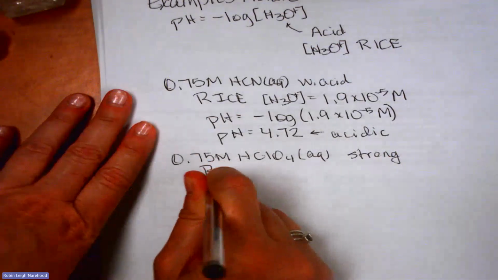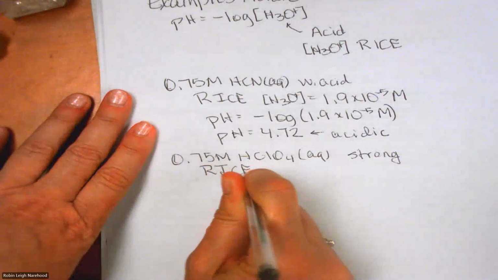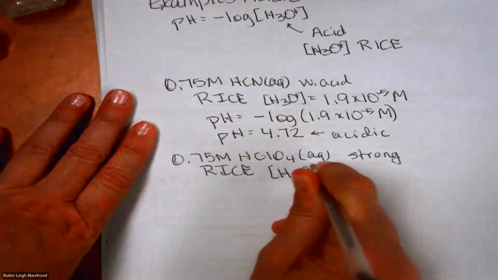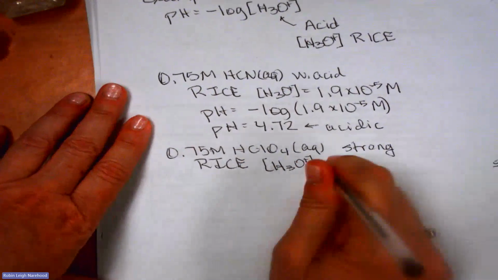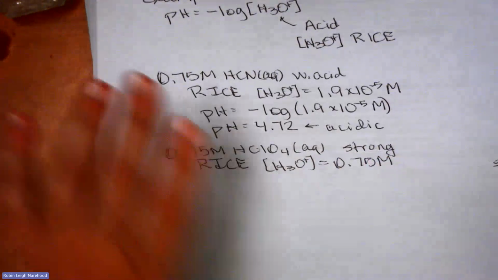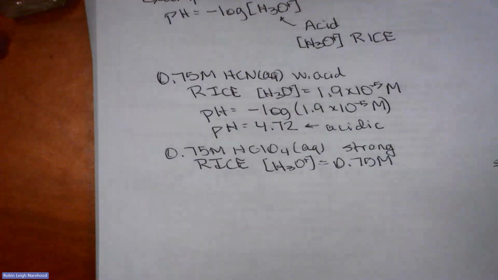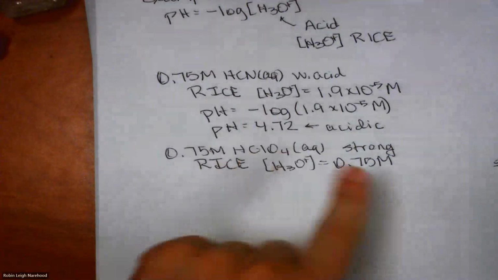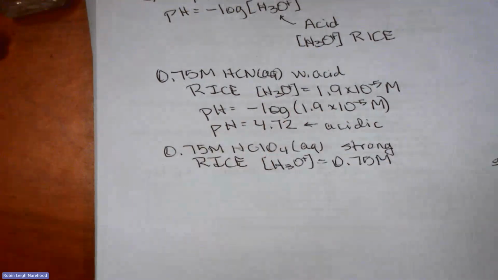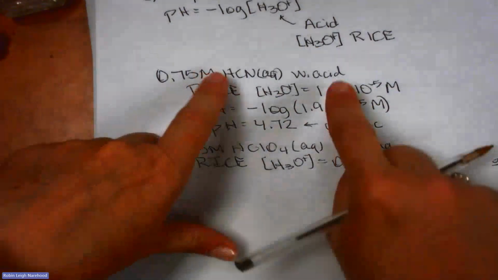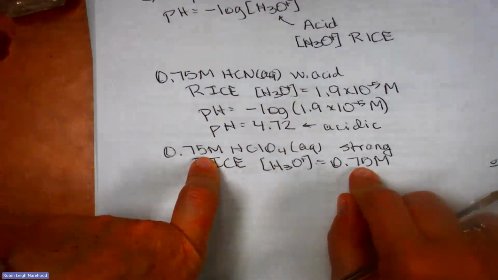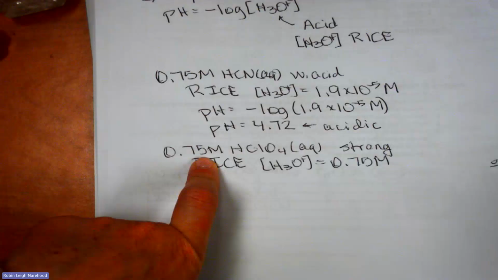So from our Rice chart, we figured out that the hydronium was also 0.75 molar. So why was it the same? It's strong. So when you're doing this, again, I recommend that you remind yourself why the numbers won't match when it's weak, but they will match when it's strong. Just as a reinforcing where these numbers have come from.